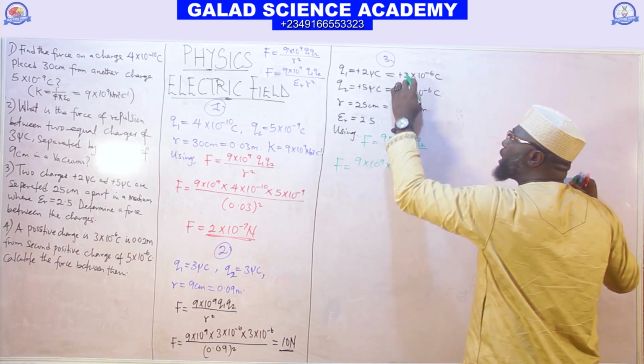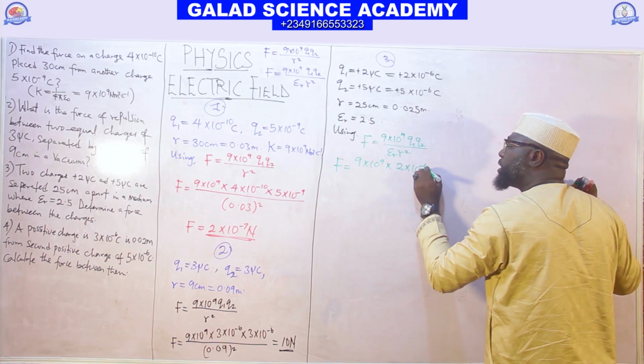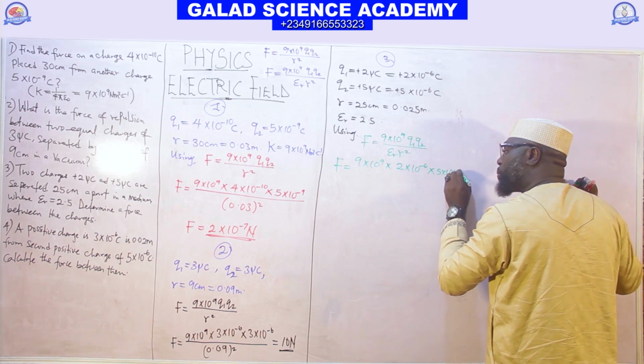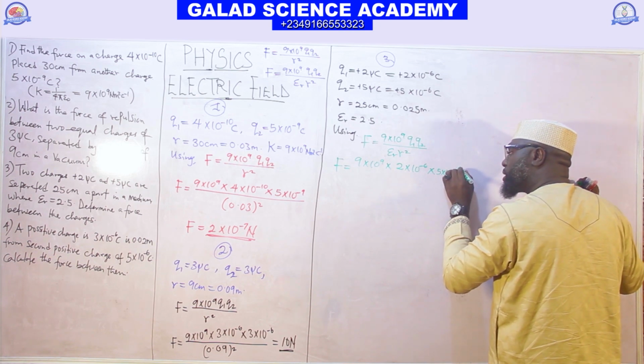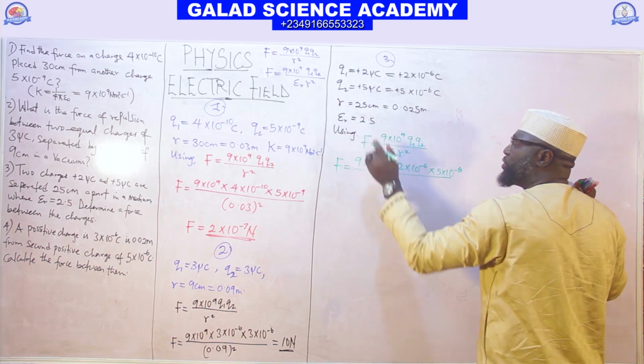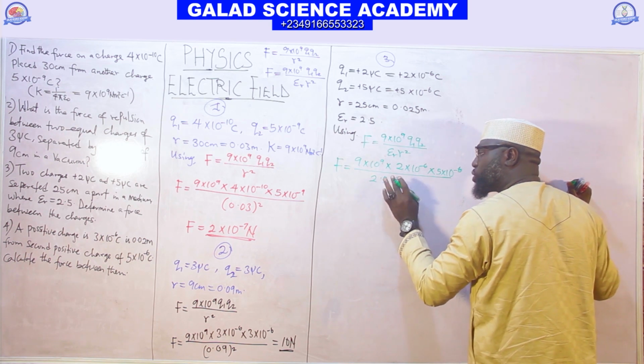What is Q1? Q1 is 2 multiplied by 10 raised to power minus 6. Q2 is 5 multiplied by 10 raised to power minus 6. The relative permittivity given is 2.5 multiplied by R square. What is R square?